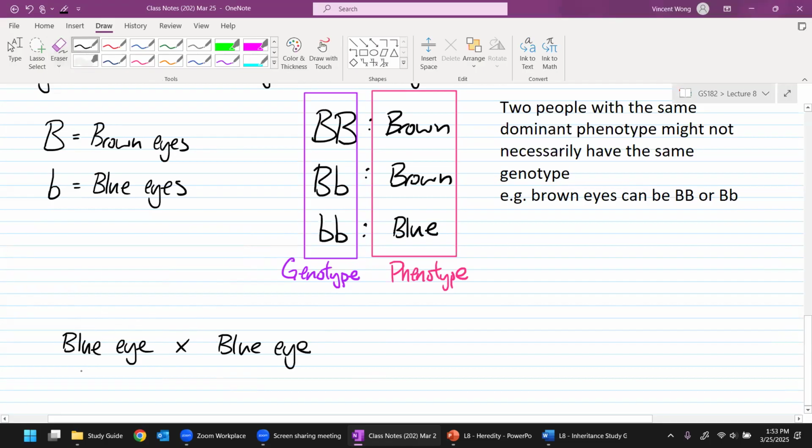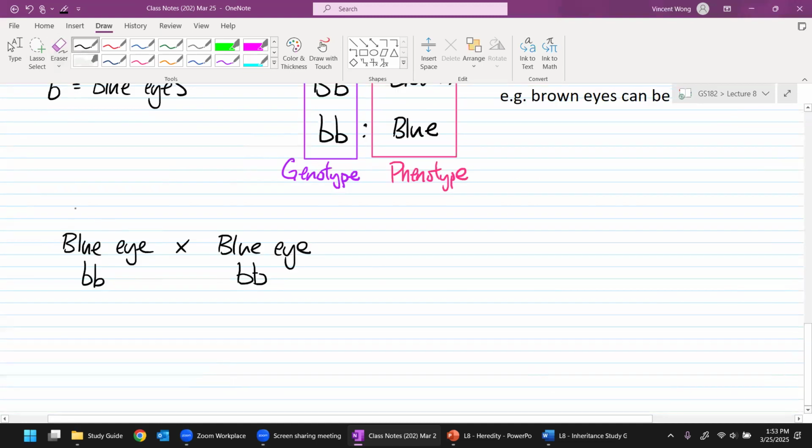If the person is blue eye, that means they are little b, right? And then they found someone who's also blue eye, little b. Right? Let's say this is the man, this is the woman. When the man produces sperm, what kind of allele are the sperm gonna contain?